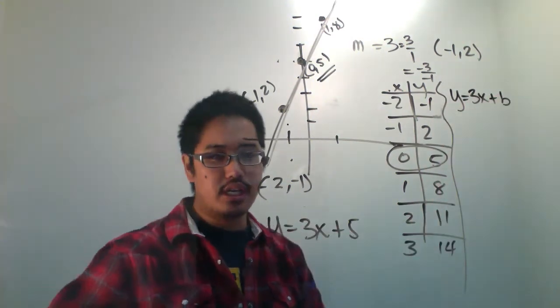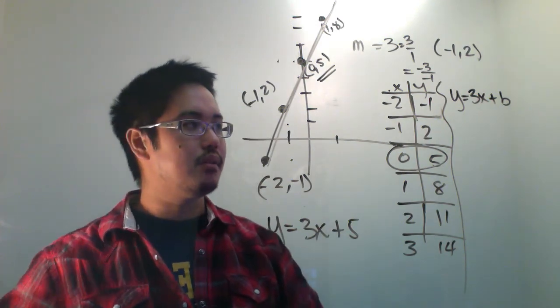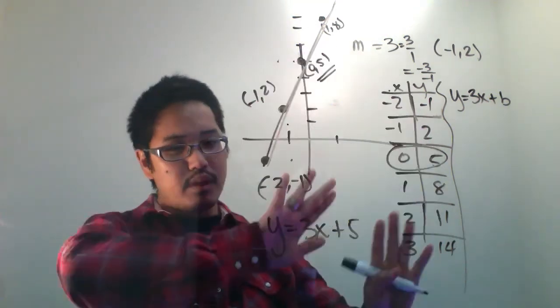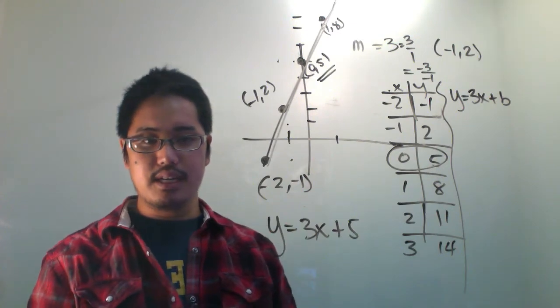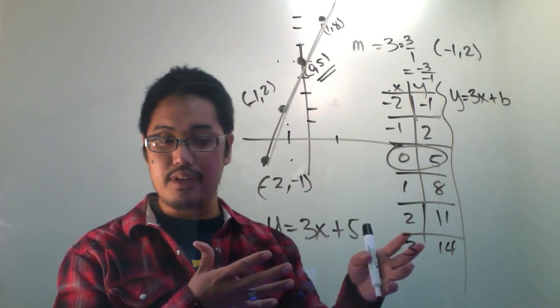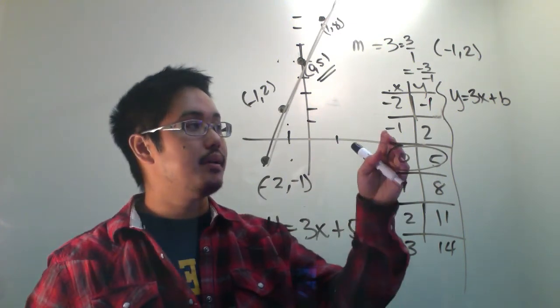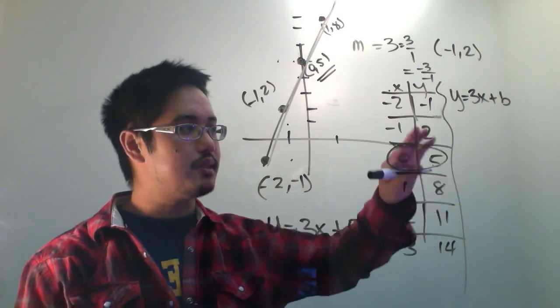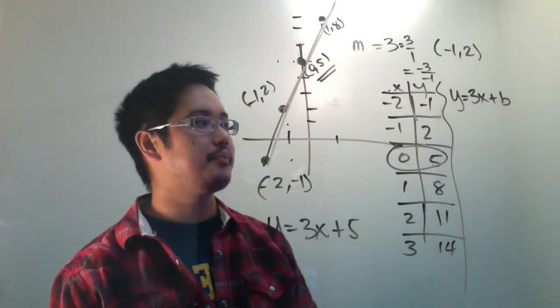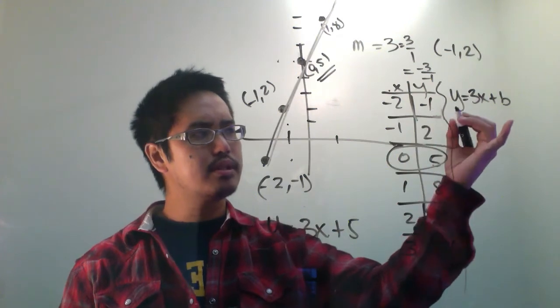Now, gee, if only I had some number. By the way, imagine I'm erasing this. I'm not erasing it now just so that you guys can not freak out and have to write everything down. But I'm doing this problem separately without any of this knowledge here. So y equals 3x plus b.